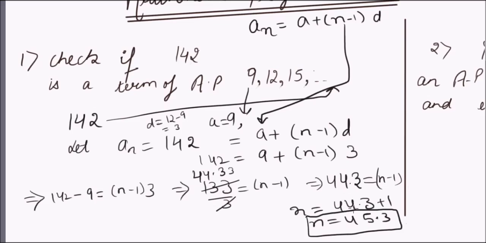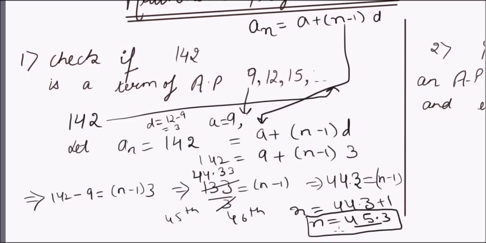Friends, there is no position called 45.3. We can have first position, second position, 40th position, 45th position or 46th position. But 45.3 is not a position, because position can be a natural number.